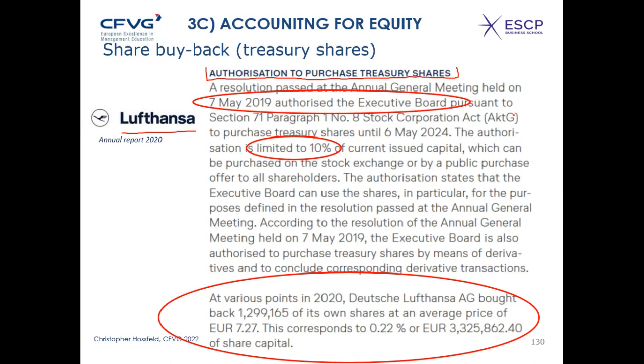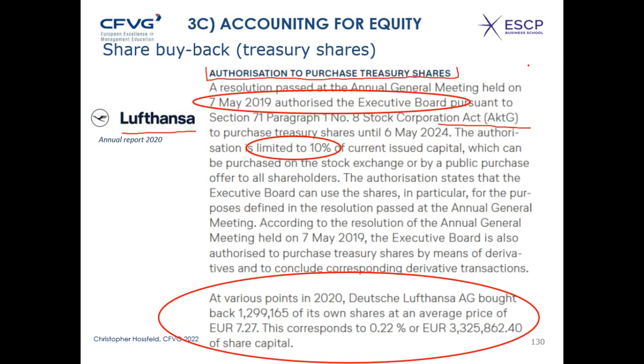Okay, that's something that is part of the German corporate law, but actually it's a European rule. So you will find the same rule in the European Union. It is not allowed for a company legally to buy back more than 10% of its shares. So there's an upper limit of 10%. So here the shareholder meeting just confirmed this 10% threshold.